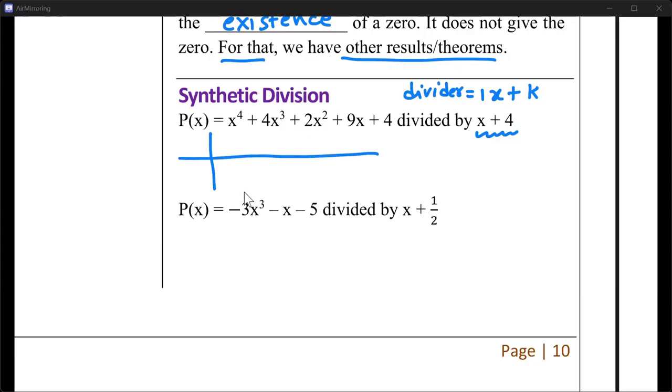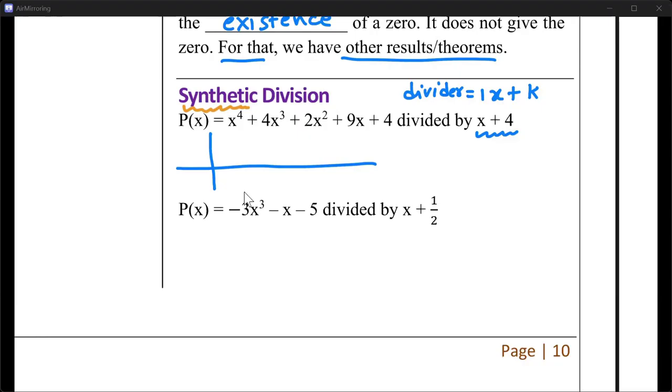You make this small table. In fact, let me drag this a little bit down, where you write the coefficients of the polynomial. Now the thing about synthetic division is, as the word suggests, synthetic, we're trying to do something in a faster way, something more efficient than doing the regular polynomial division.